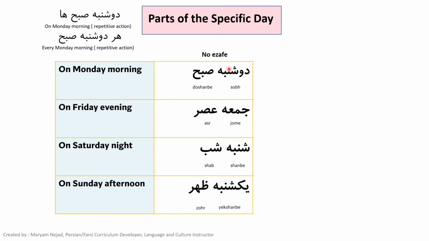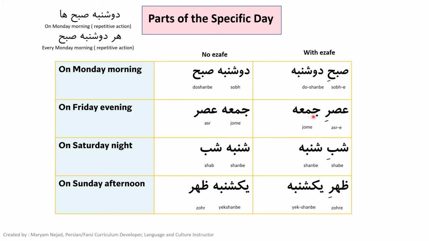Now there's also another way to say this, is this one here. Instead of saying دوشنبه صبح, we can also say صبح دوشنبه. The meaning is the same, but literally this one is saying the morning of Monday. And for this column here, we need to have اضافه for each one.